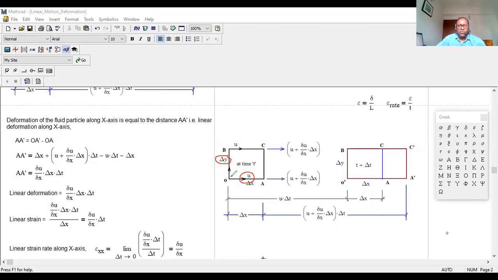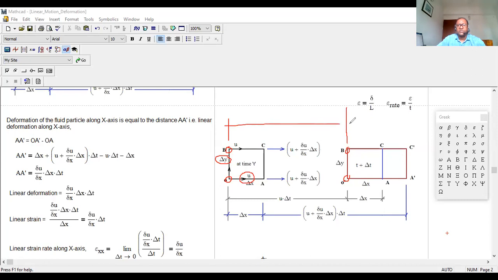So at point O, this fluid element has four corners. O and B both have the same velocity u, so they are traveling with the same speed. After time delta t, they came over here. So what will be the distance from point B to this position?